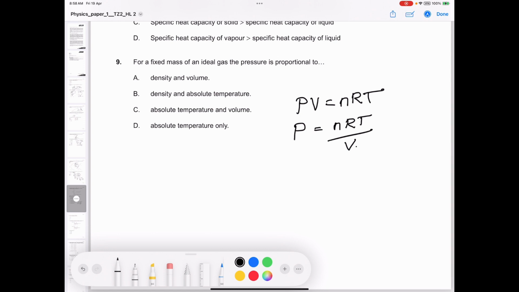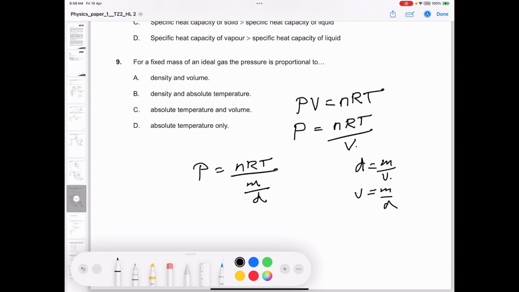volume? Well, no, it's inversely proportional to volume, but we know that density is equal to the mass over the volume. Therefore, volume is equal to mass divided by density. So you can write P is equal to nRT all over mass divided by density.